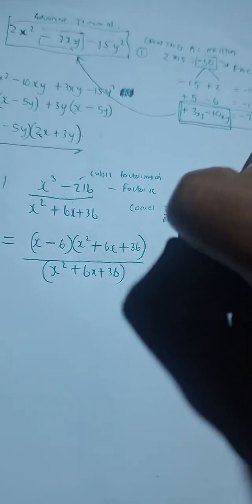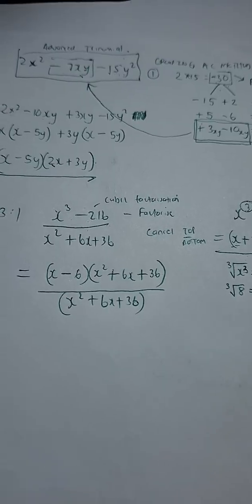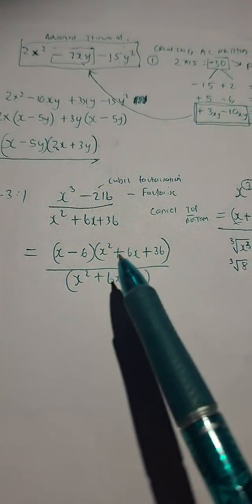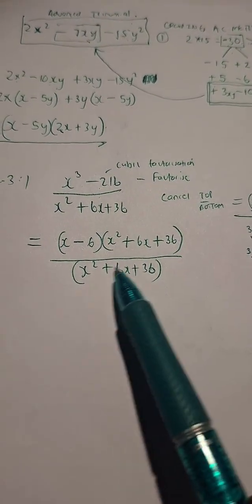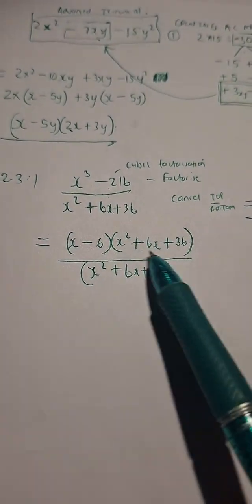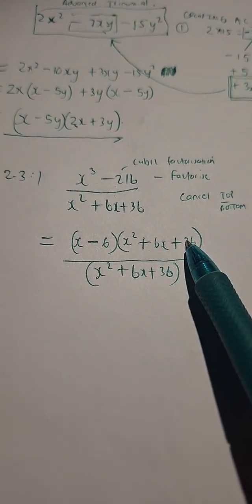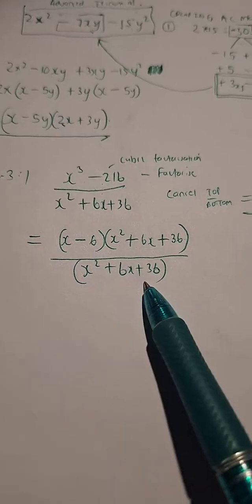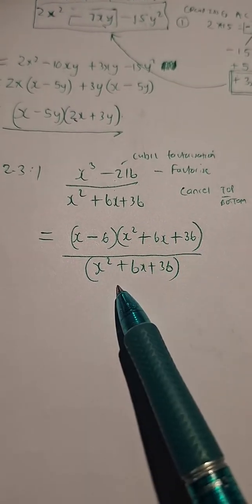We don't cancel top. Remember, the relationship of x minus 6 with this bracket is one of multiplication. The relationship between what's in the numerator and what is in the denominator is division.